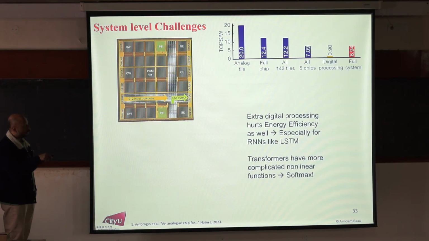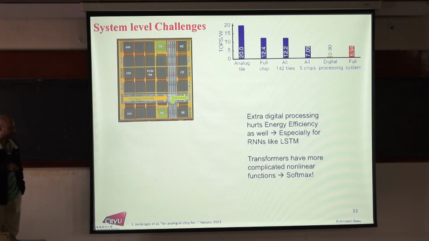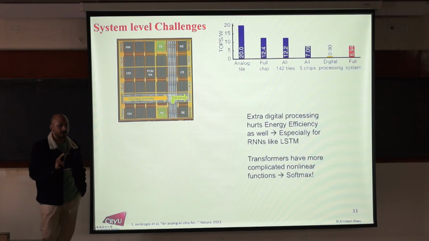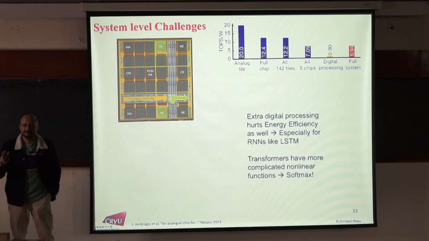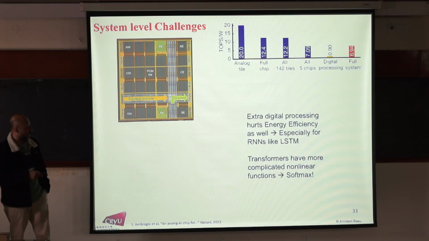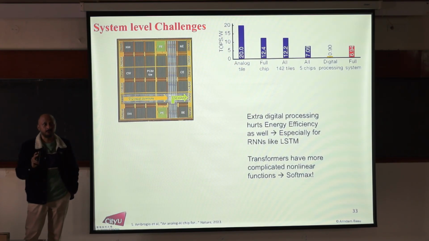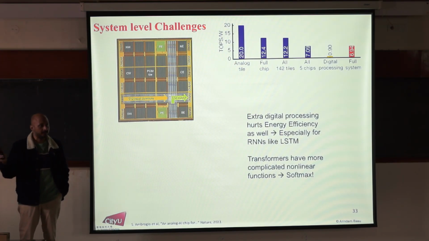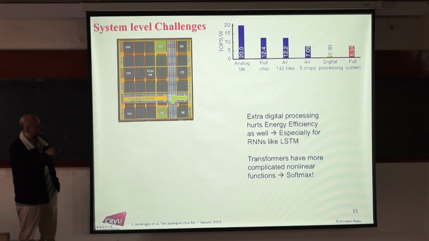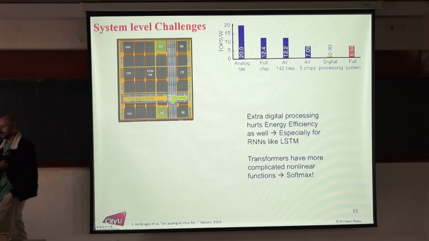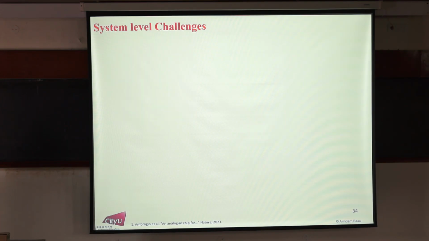So if you do more of this, your full energy efficiency will get hurt. Where can they get hurt? Nonlinear operations. After the matrix vector multiply, we typically have nonlinear operations, which are typically done in digital. So like RNNs, like LSTM, transformers have softmax. All of these, if you're doing them in digital, a lot of digital computing, this big efficiency of the matrix vector multiply does not mean much. It's going to fall down. I'll show you that.